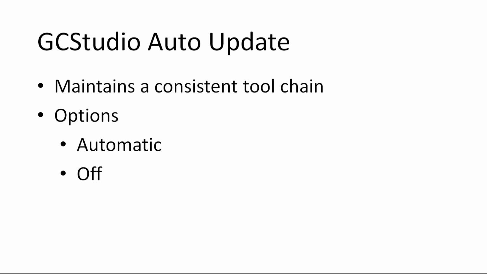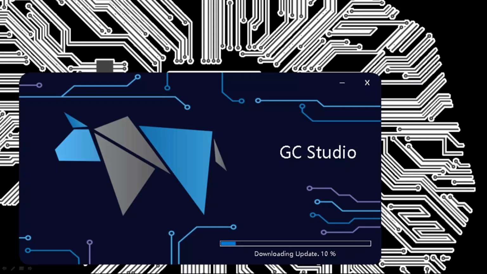But what does it look like is what I'm going to show you, because this happened to me this morning, which is good. I'm up to date now. So what happens is a display will pop up, and it will say downloading the update 10%. And then it will progress through 18%, and it will progress through to 100%.